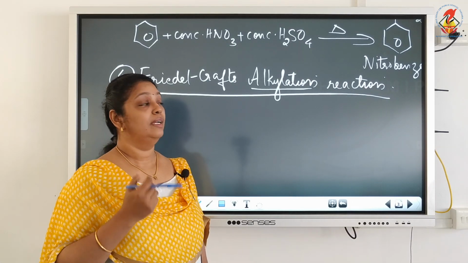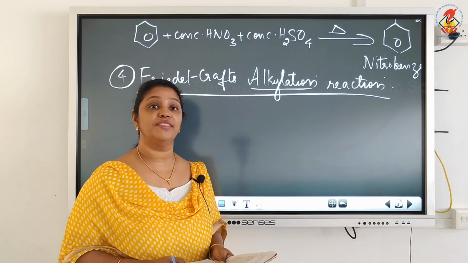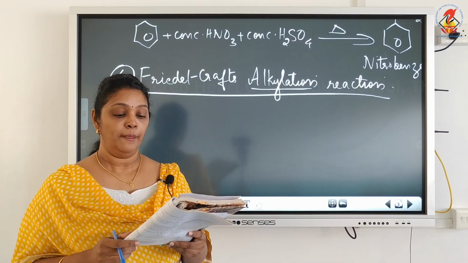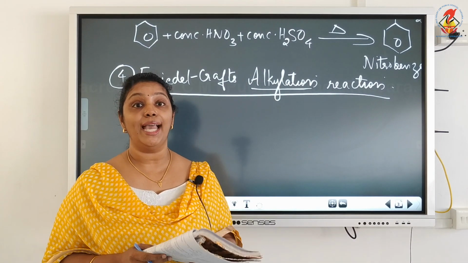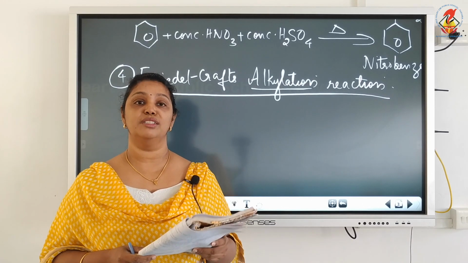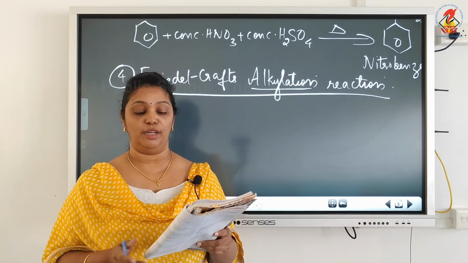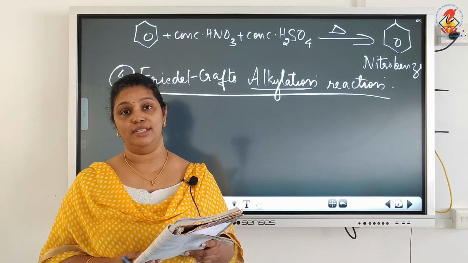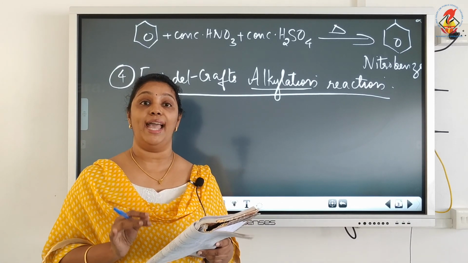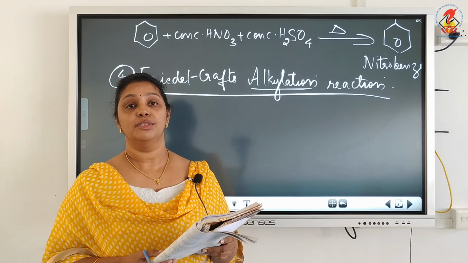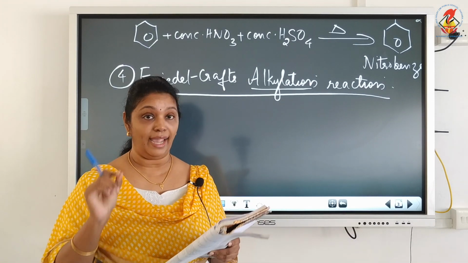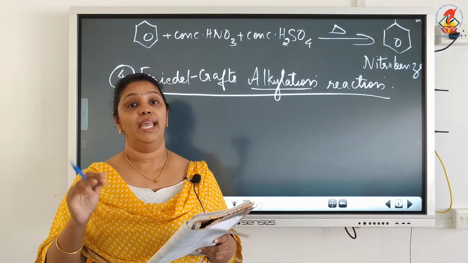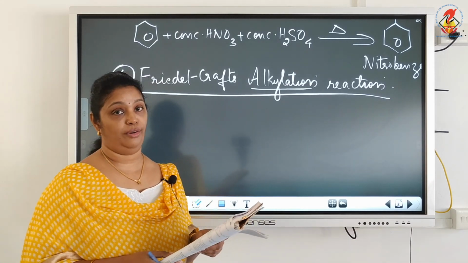Now let's see how this Friedel-Crafts alkylation is done. Benzene is treated with alkyl halide in presence of anhydrous aluminum chloride. The alkyl group is introduced to the benzene ring. The product formed is alkyl benzene. So the reagent is alkyl halide in presence of anhydrous aluminum chloride.